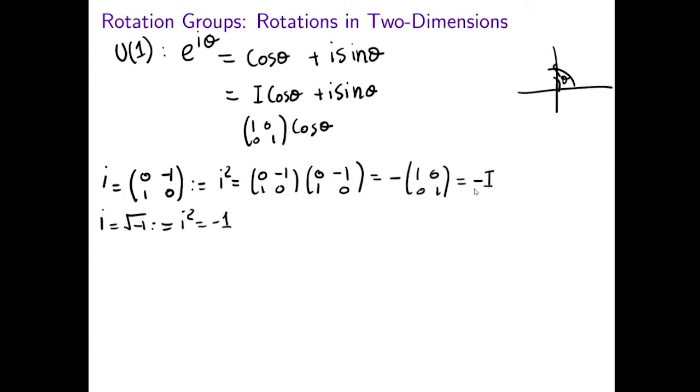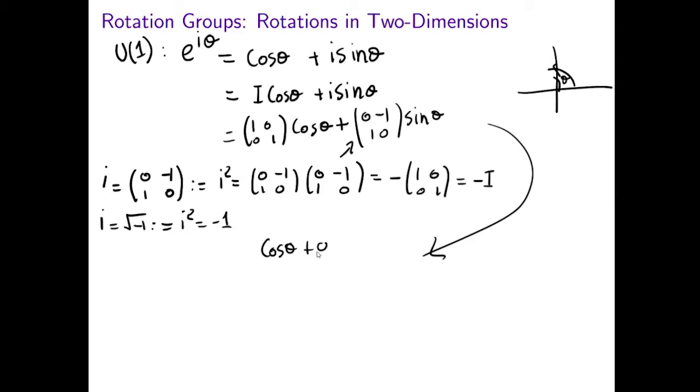So I've just defined it in a matrix form, and if I just substitute this here, 0, minus 1, 1, 0, times sin theta, it's quite easy to see that I'm just going to bring these here, that cos theta, 0, 0, cos theta, plus 0, minus sin theta, sin theta, 0, is essentially just the same matrix.